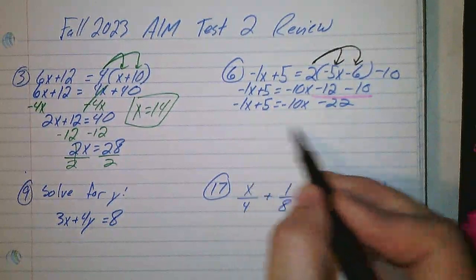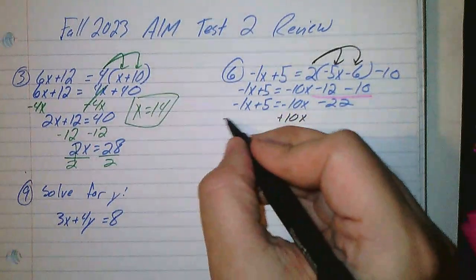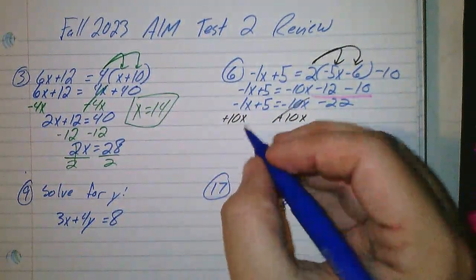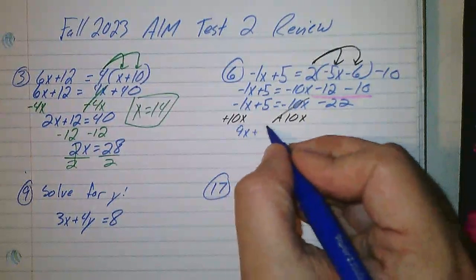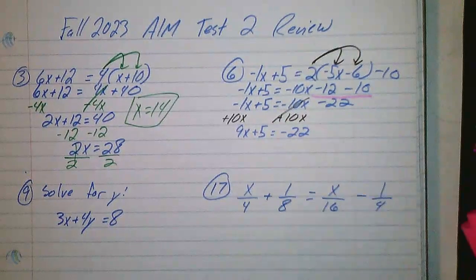And now we're just solving a basic equation with variables on both sides. Add 10x to both sides, so that 9x plus 5 equals negative 22.